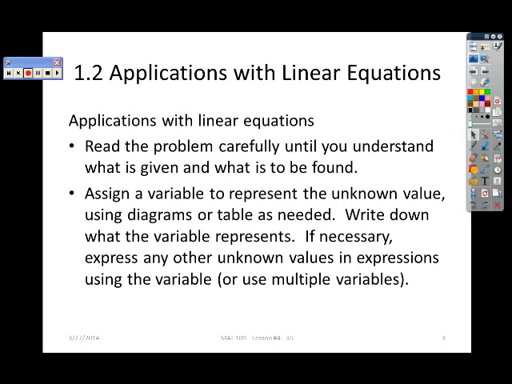Then decide what you're going to use for variables. X and Y are common, but you may want to use a letter that's the first letter of the word, or if you're talking about people, the first letter of the person's name. Something that helps you identify what that variable represents. But write down what that variable represents.